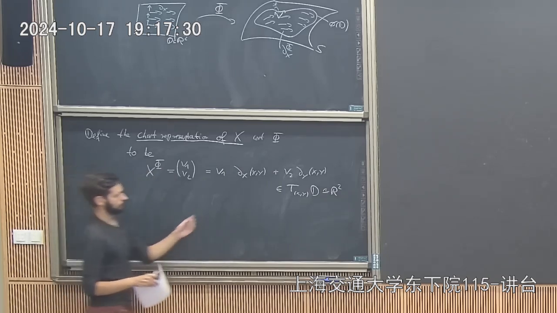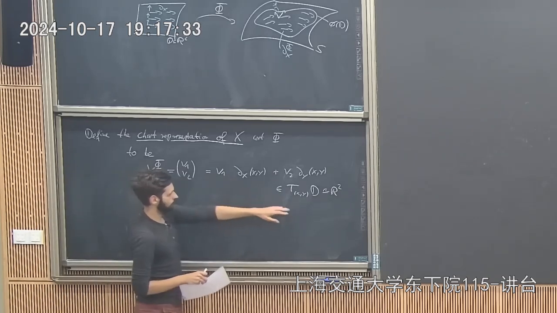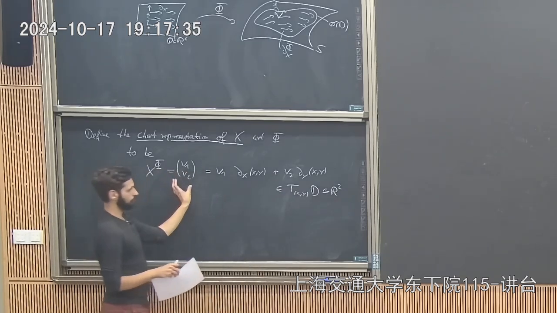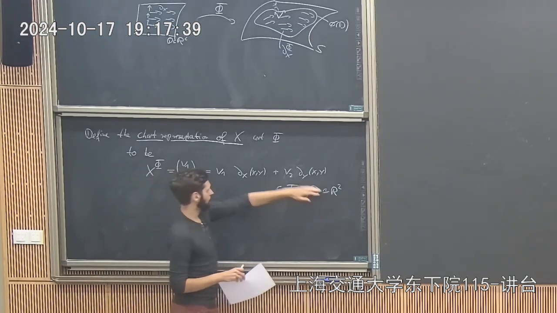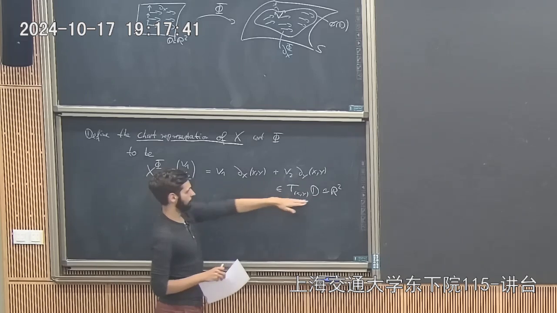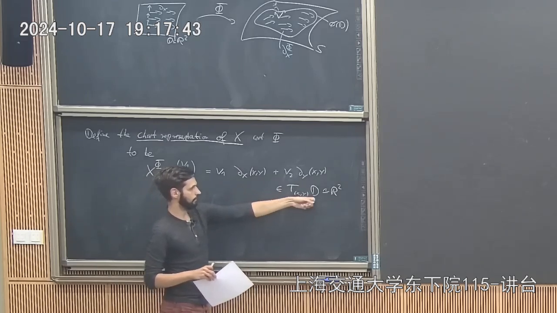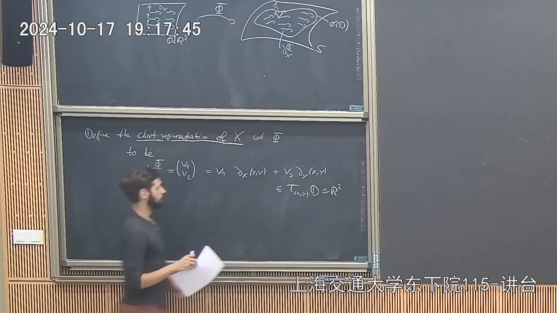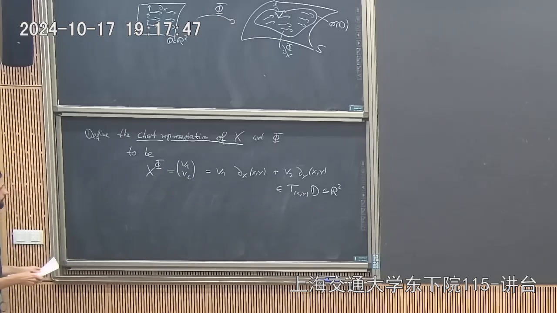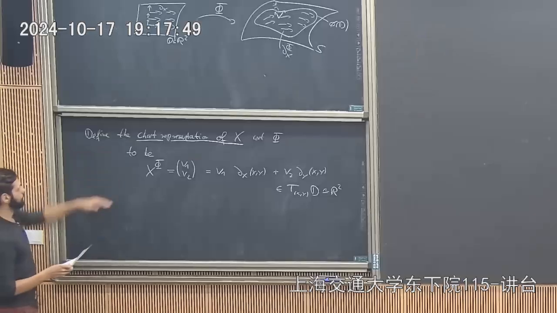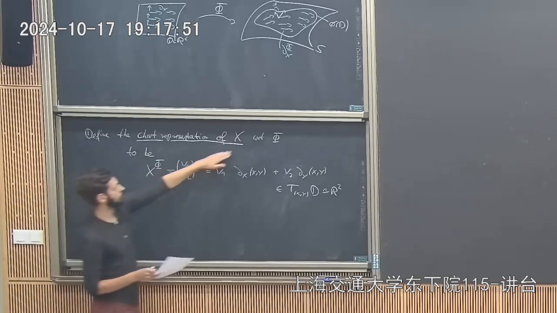So this is this identification: here we think of that as just an ordinary vector in R2, and if you write it like this, then you think of it a little more as a tangent vector to D at some point. Okay, but that's the chart representation of a vector.